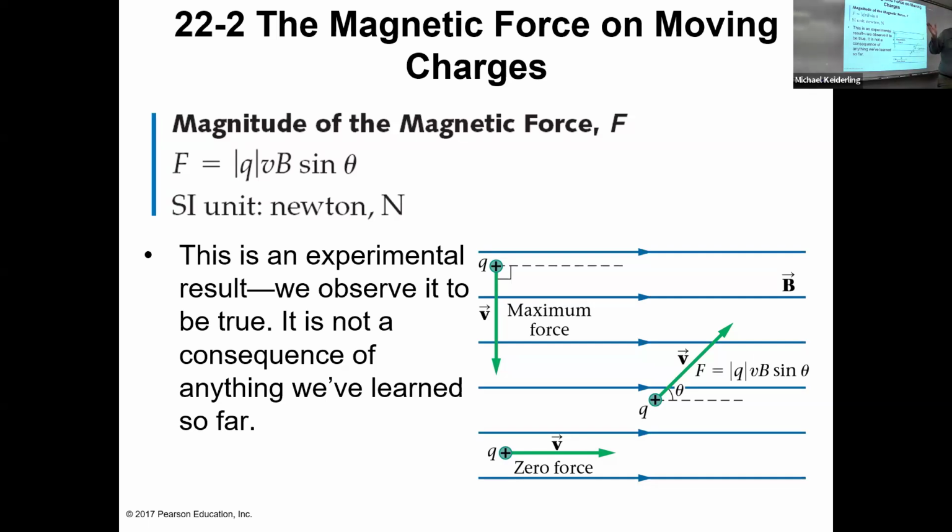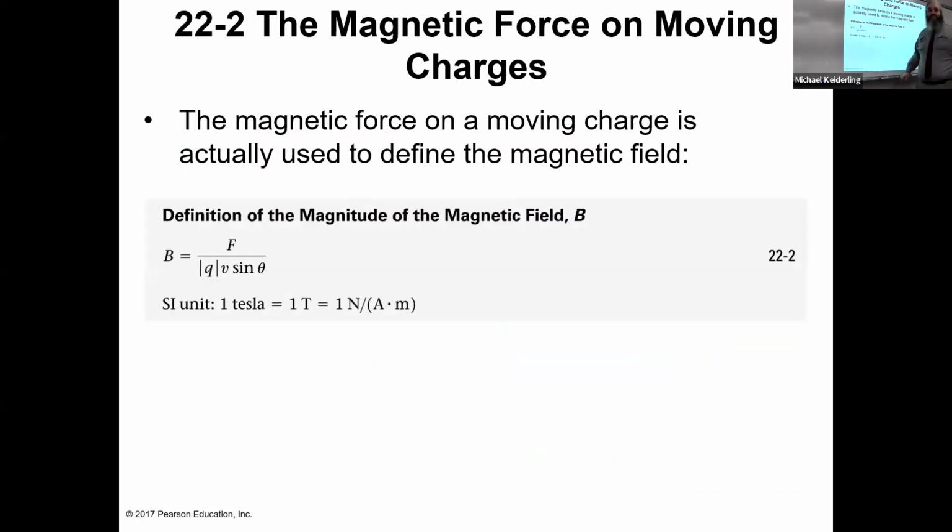if you take your fingers and you point them in the direction of the magnetic field. The Tesla is actually defined based on this formula, so 1 Tesla is 1 Newton per amp meter.